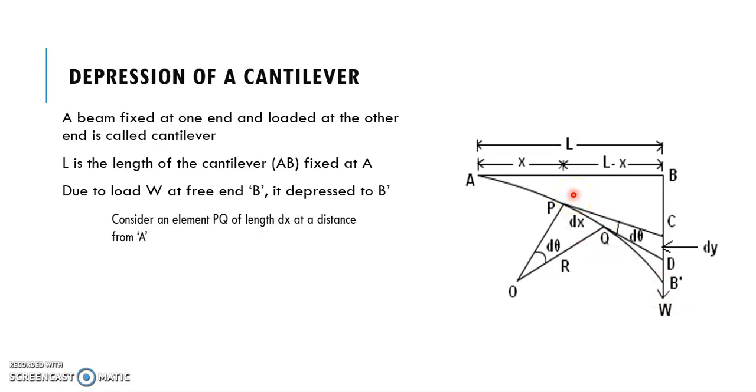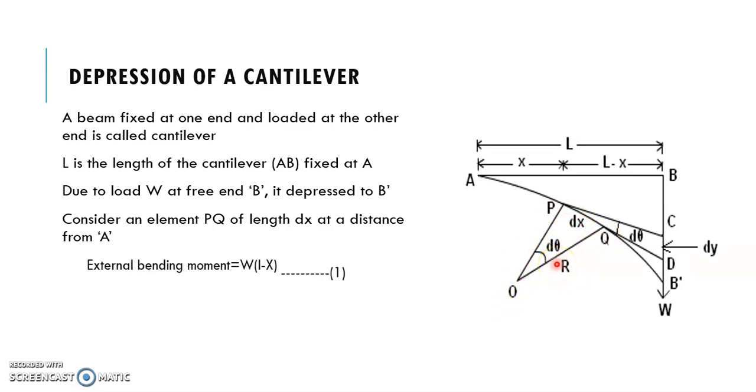Consider a point P at a distance x from A, and another point Q at a distance dx from P. Considering an arc of radius r, let O be the center for P and Q, with d theta the angle subtended at the center.